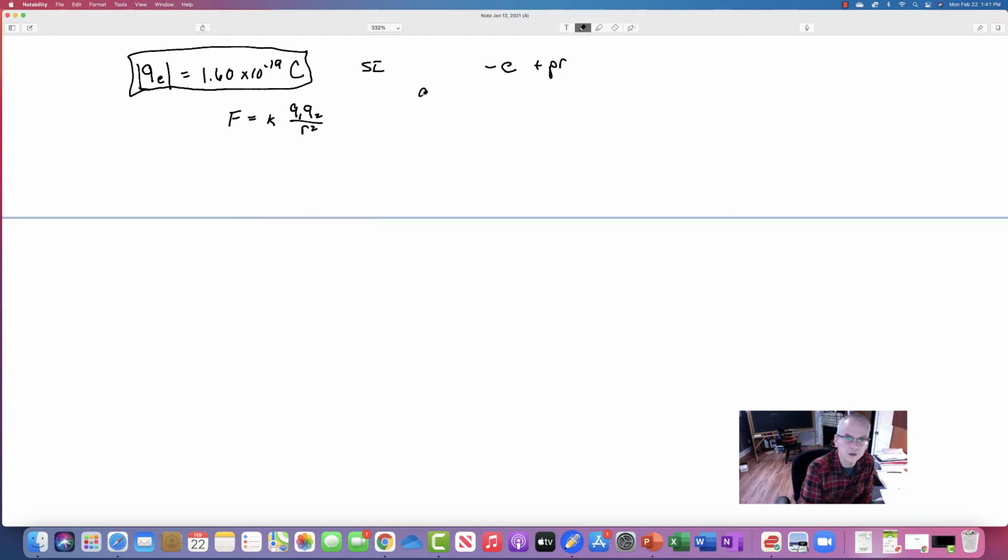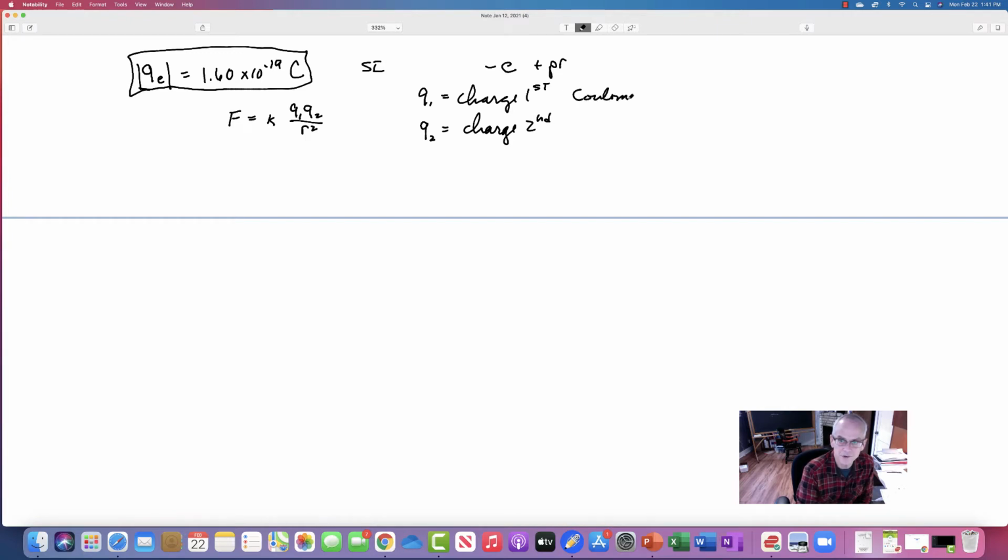So Q1 is the charge on the first, Q2 is the charge on the second, and both of these need to be expressed in coulombs.